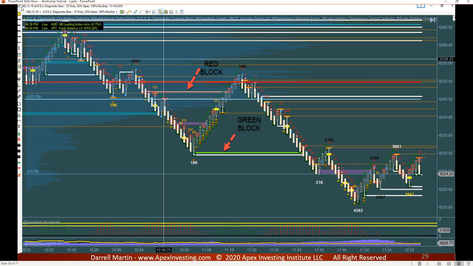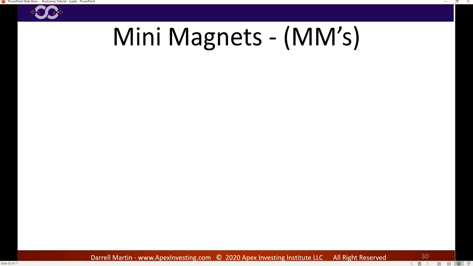That makes sense? What you're talking about is on the DOM. So see right here, that reddish line was a red block, meaning there was a big sell order in there. See this green, there was a big buy order in there. An institutional block order right there. That's what those are.